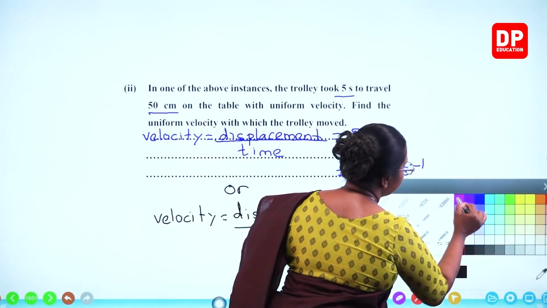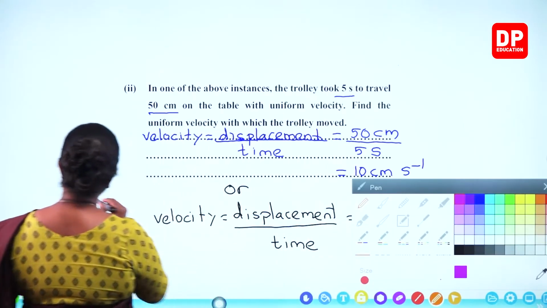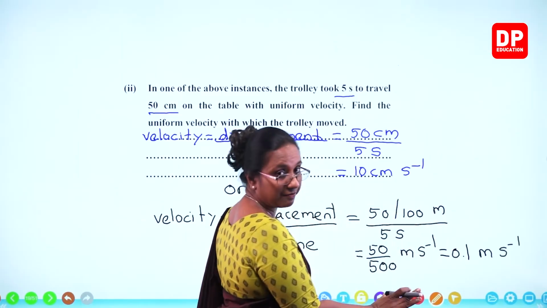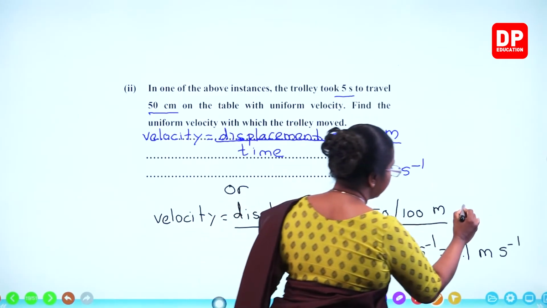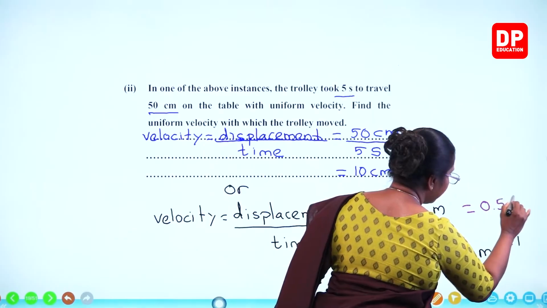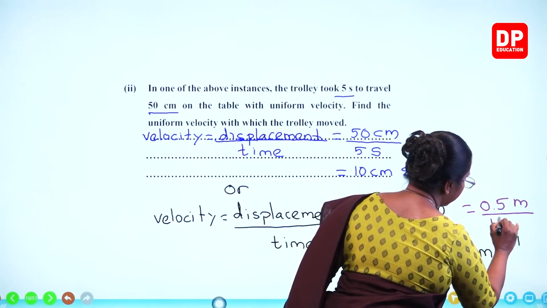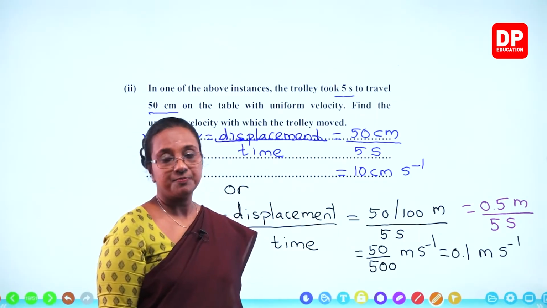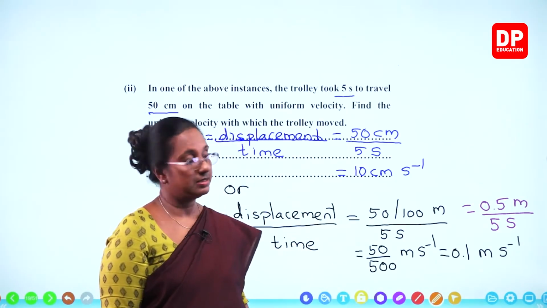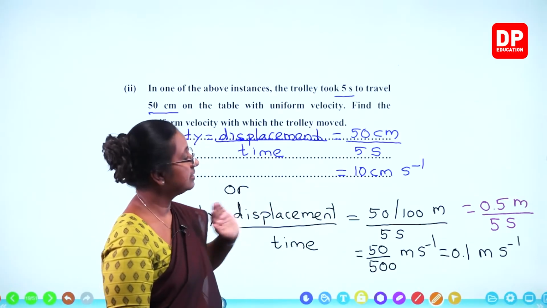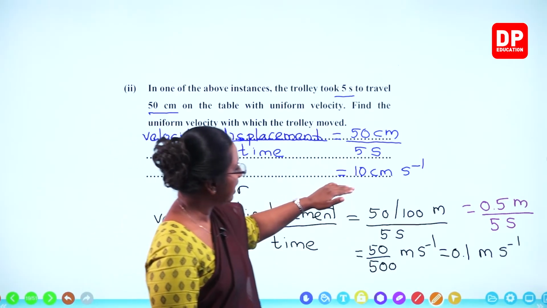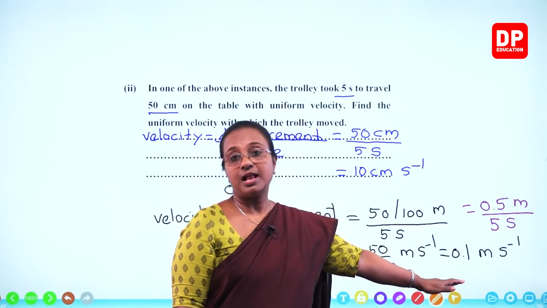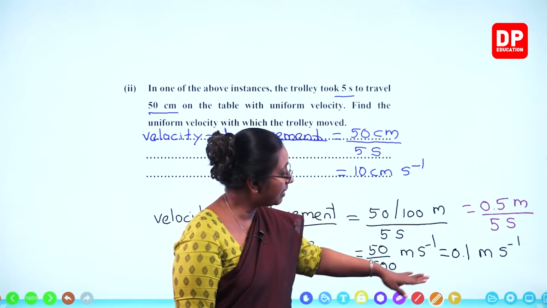Just to show you all that, here I can write it. You don't have to do everything. You can even write this as 0.5 meters divided by 5 seconds. So that also will give you the same answer. So one of the methods, you can use the units centimeters per second, then the answer will be 10 centimeters per second, or else you can convert it to standard units, meters per second.